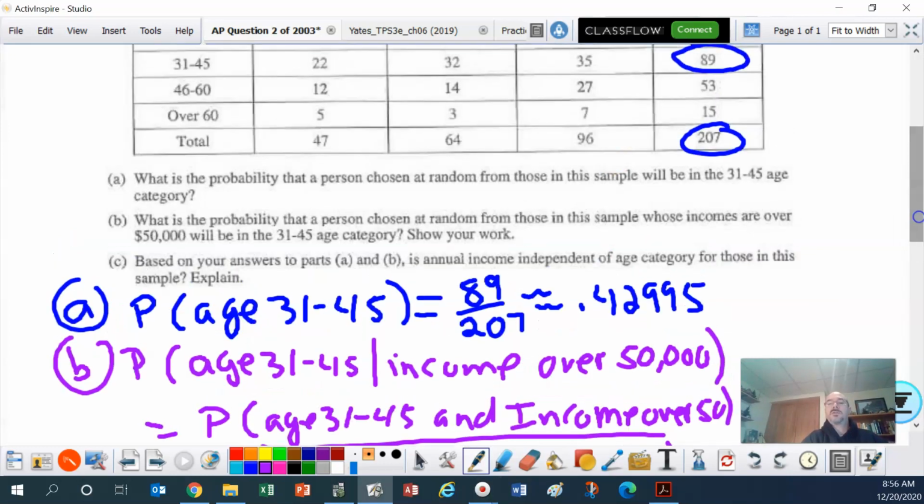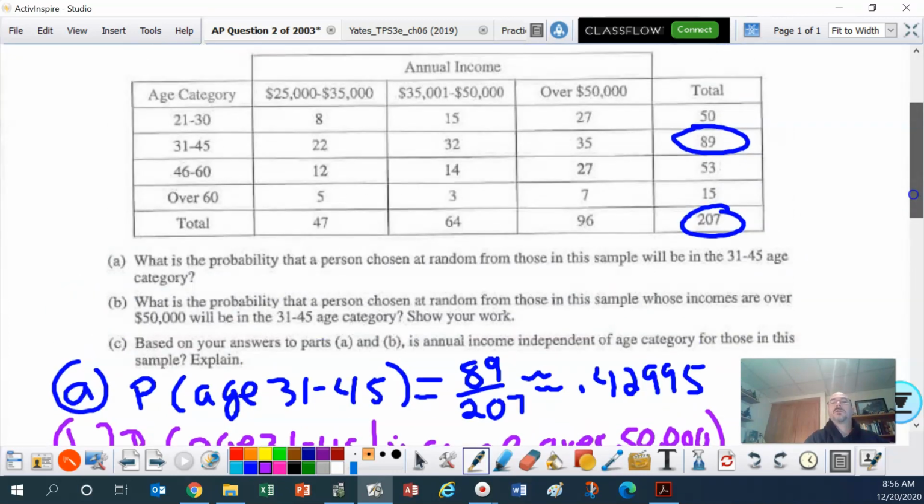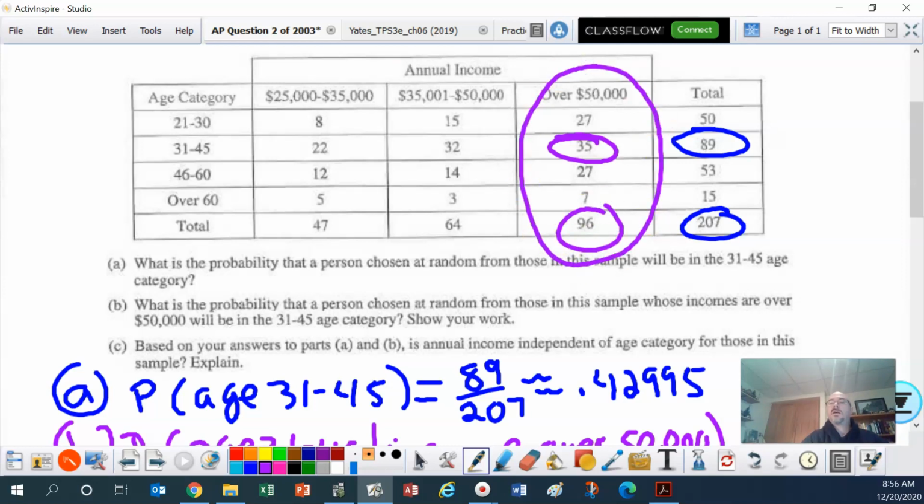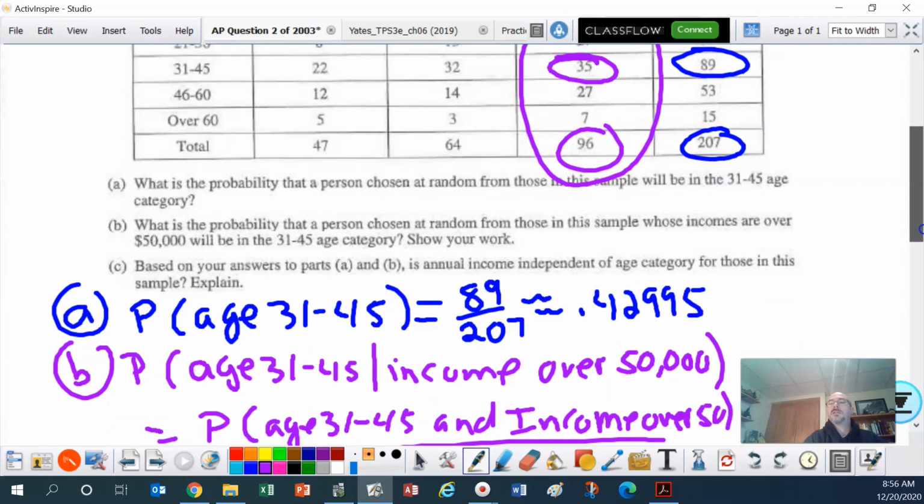All right, so first of all, 35 and that. So let me move this. So 31 to 45, income over 50,000, that's 35 out of the condition, which is over 50,000. So 35 out of 96.